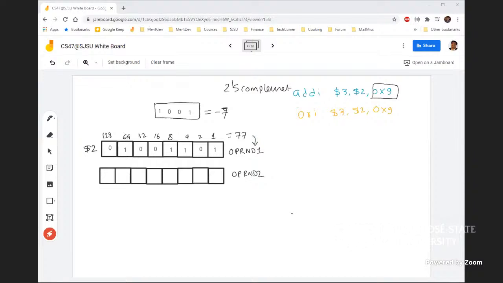So my expectation of this result is that $3 will be 77 plus -7, which results in 70, right?